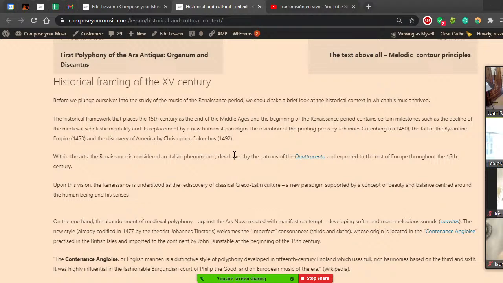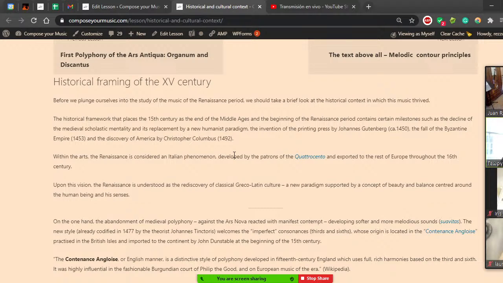Why do you think that the printing press is such a big deal? Why should I put the discovery of America and the printing press on the same level?